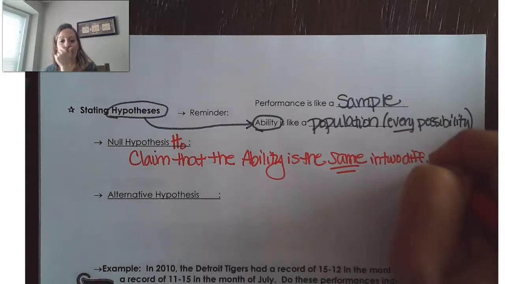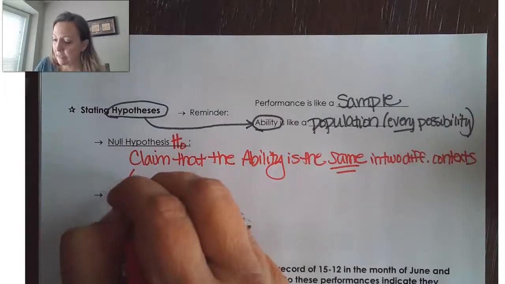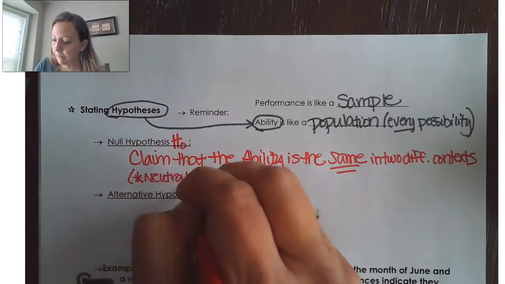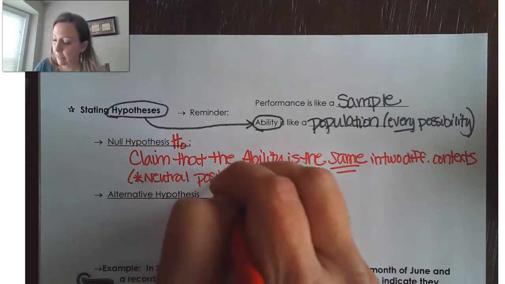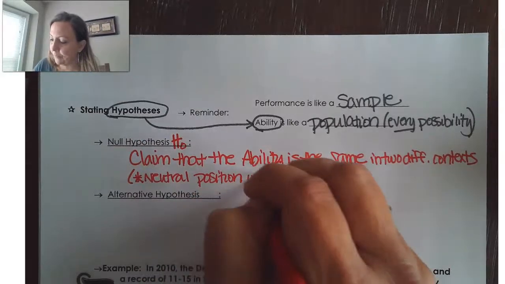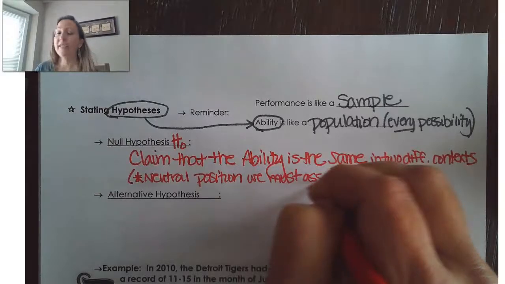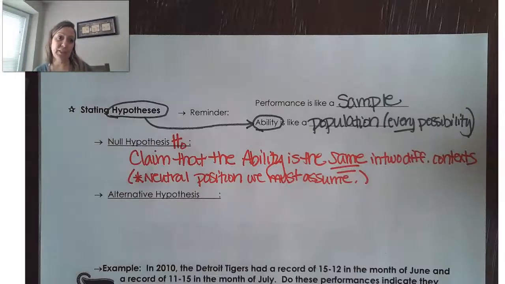This is the neutral position that we must assume. Again, innocent until proven guilty. We're assuming this neutral position, that nothing special happened, that the ability is the same.